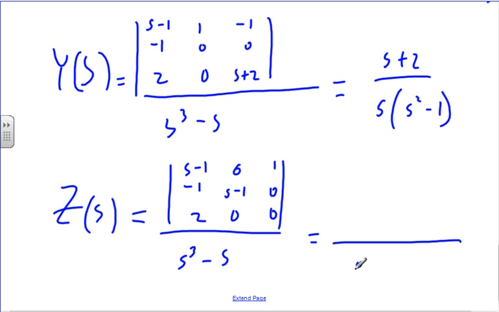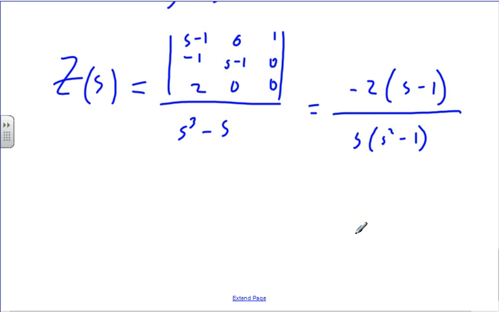Okay, I got s squared minus 1 on the bottom, 0, 0, 0. That guy is not 0, everybody else is. So the only guy that isn't 0 is minus 2, s minus 1. It's the only guy that isn't 0. And this guy becomes minus 2 over s plus 1. All right.